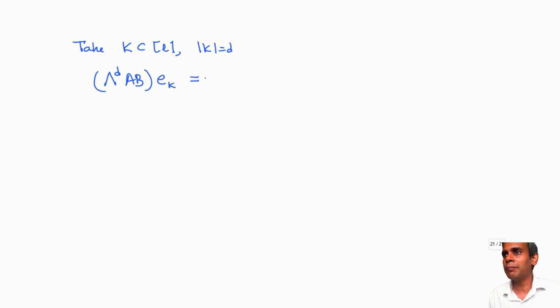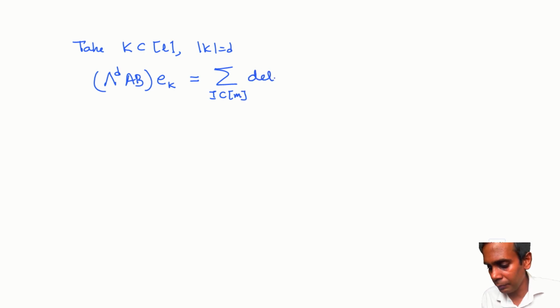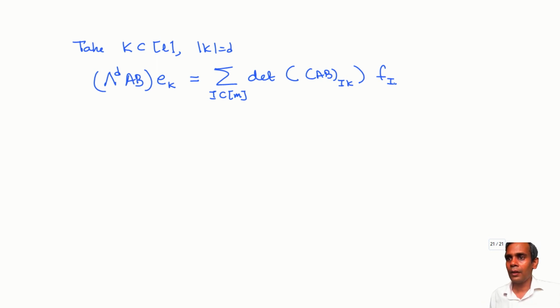On the one hand, this is given by the d by d minors of the matrix AB. So this is the summation over I subset of m of the determinant of (AB)_{IK} times f_I. On the other hand, it is a composition of matrices of minors.